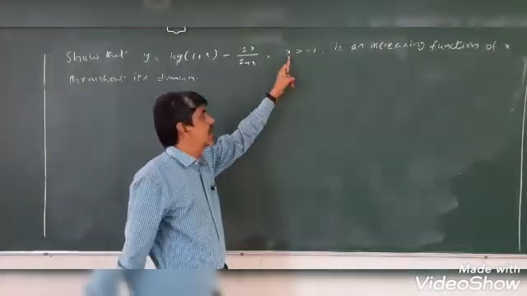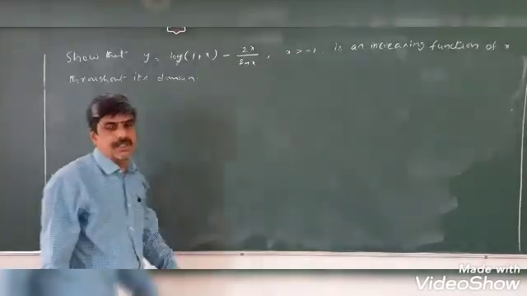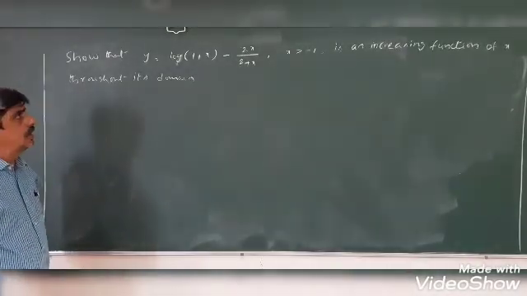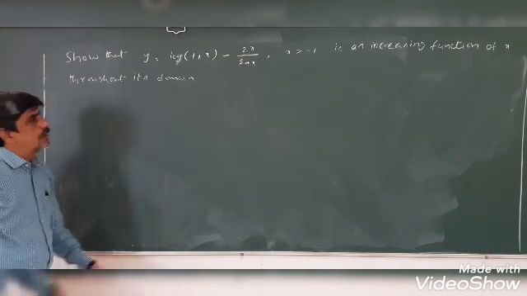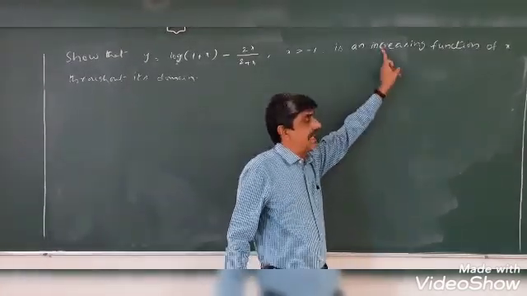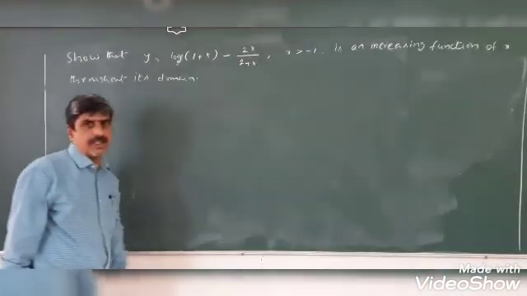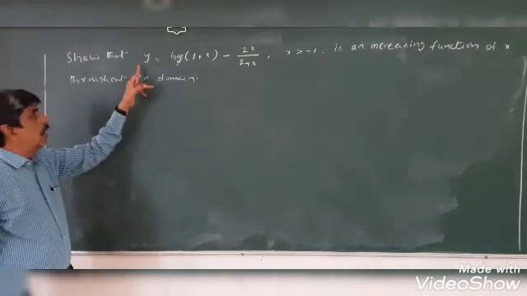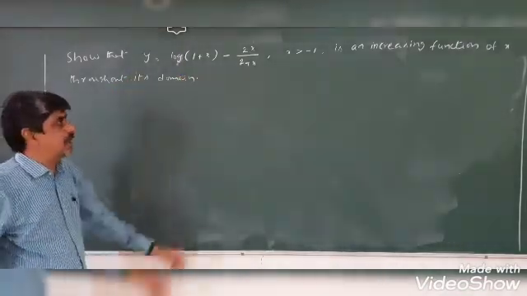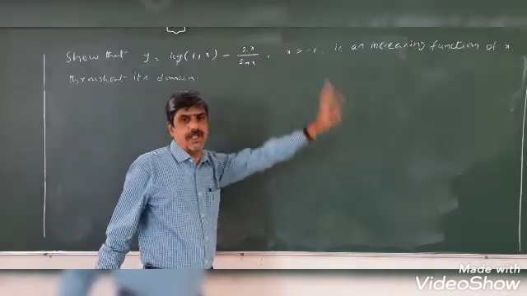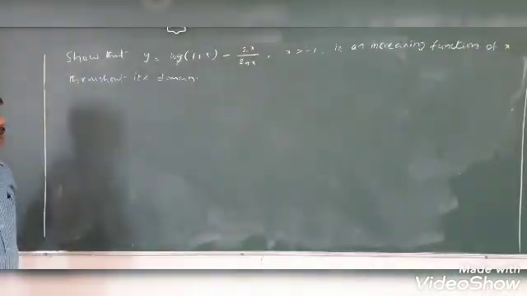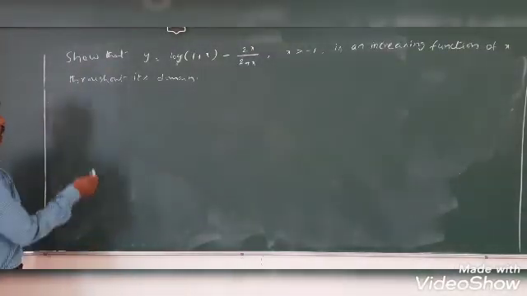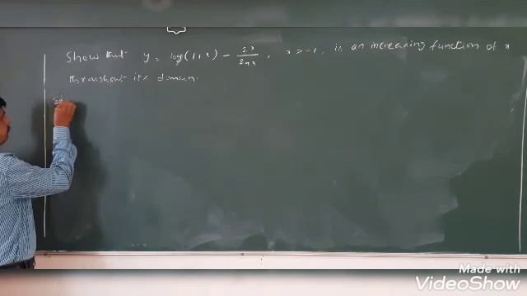Here the domain is x greater than minus 1, as mentioned. So we want to prove this function is an increasing function. Increasing function means dy by dx is greater than 0 if x is greater than minus 1, which we have to verify.